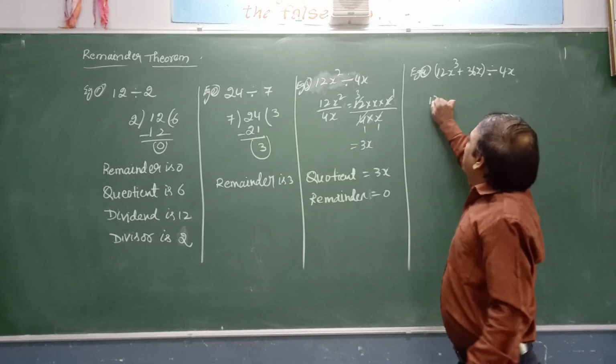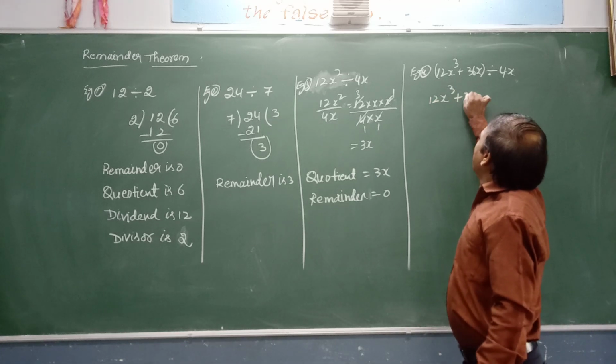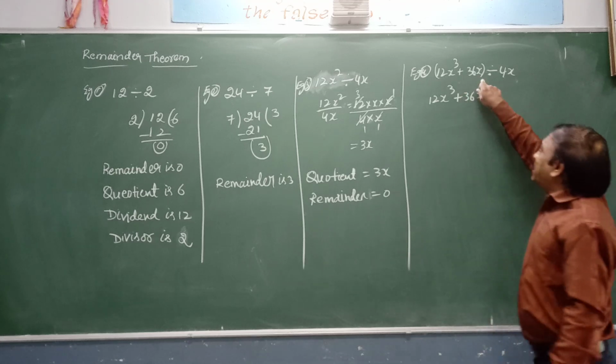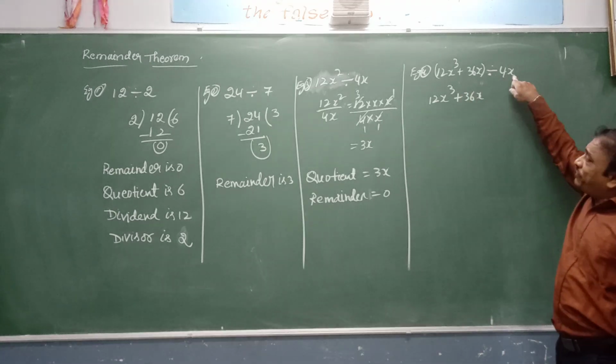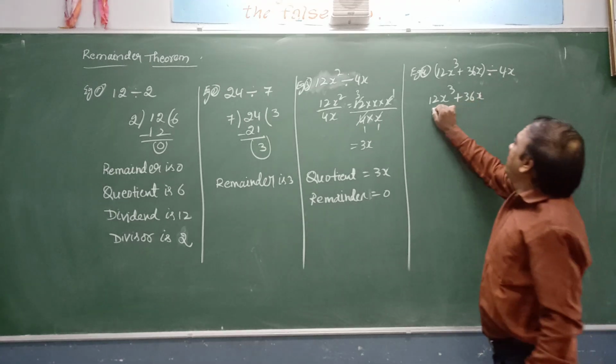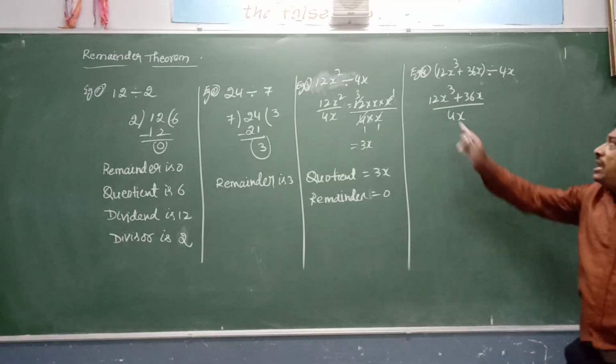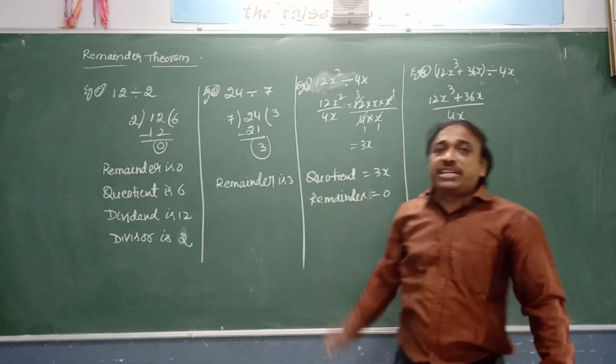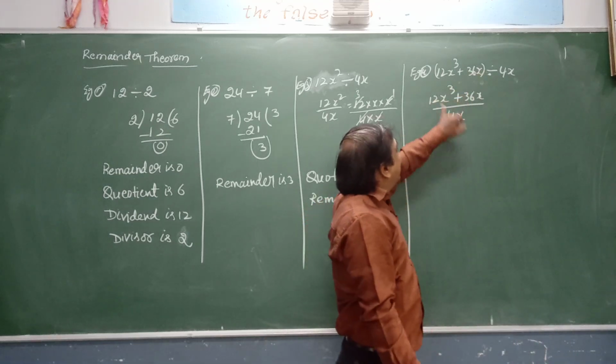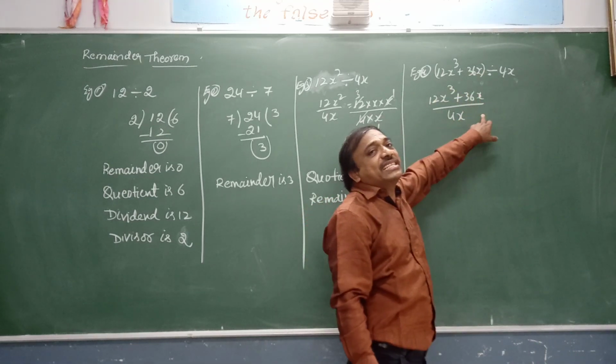Now 12x cube plus 36x, this is completely one term, divided by 4x. That means the denominator is applicable for both the terms, for 12x cube as well as 36x.